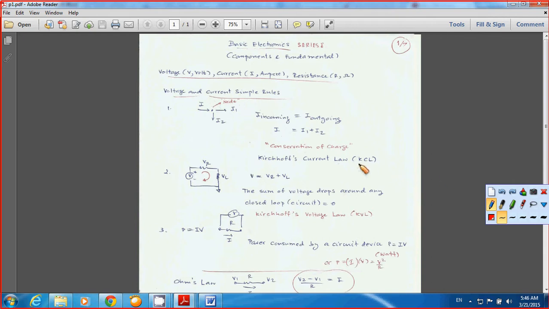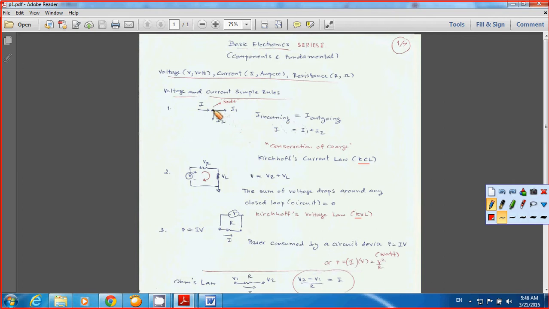Many students understand KCL and KVL. KCL is Kirchhoff's current law. When you focus on any node and consider current, you simply say that the summation of the incoming current is equal to the summation of the outgoing current.